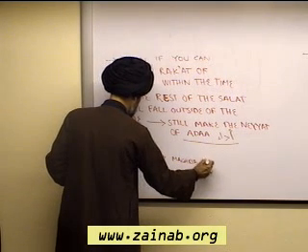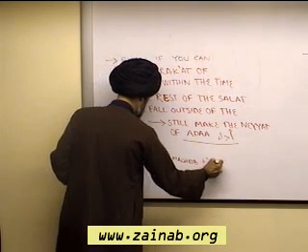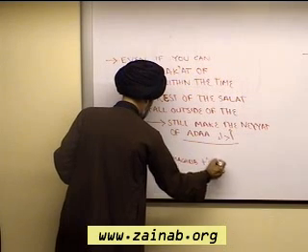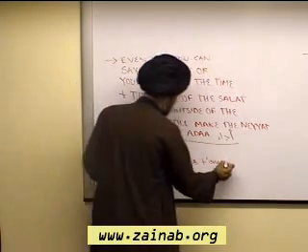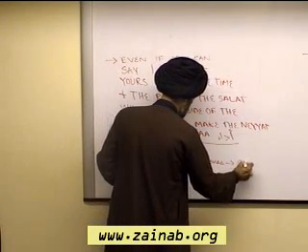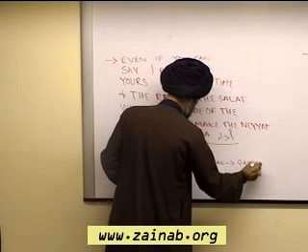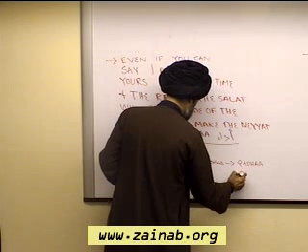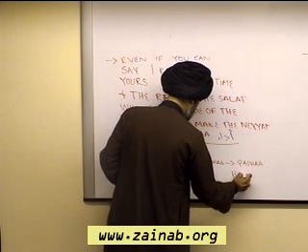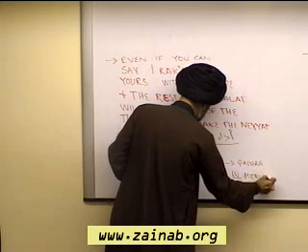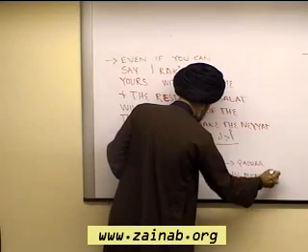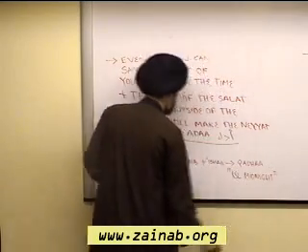Maghrib and Isha, they both become qada at the Islamic midnight. Just like the Islamic definition of midnight, how we explained in the previous class.